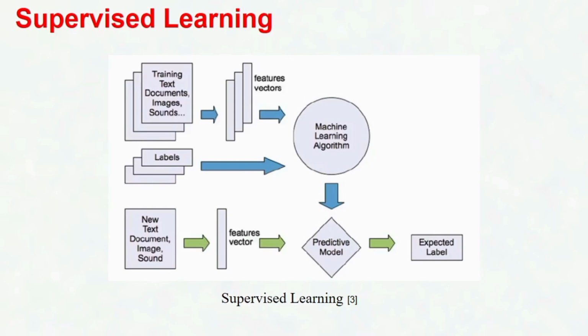Now when a new text, document, image, or sound which has not been used during training is used in the testing phase, the features are extracted and the feature vector is given to the model. The output of the model is the expected label.